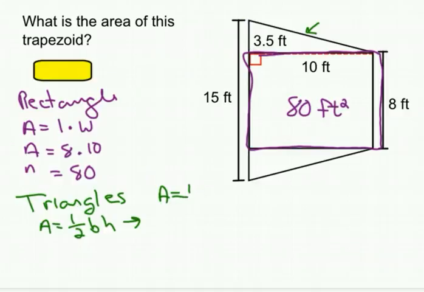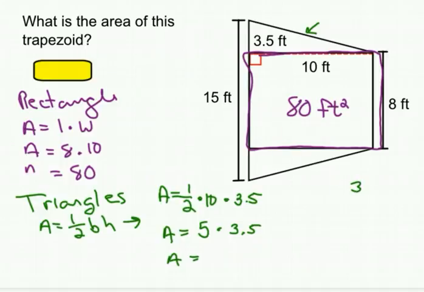So I want to do 1/2 of 10 times the 3.5, 3 5/10 of a foot. So if I do that, 1/2 of 10 is 5. So we will be multiplying 3 5/10 by 5. And if I need to do my math over here on scratch paper, I can do that.